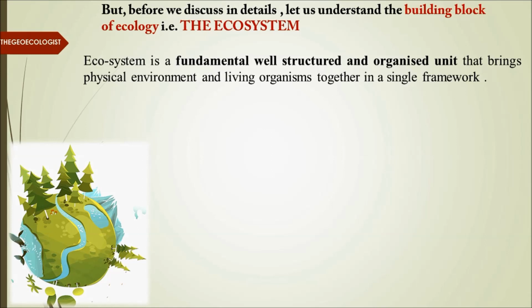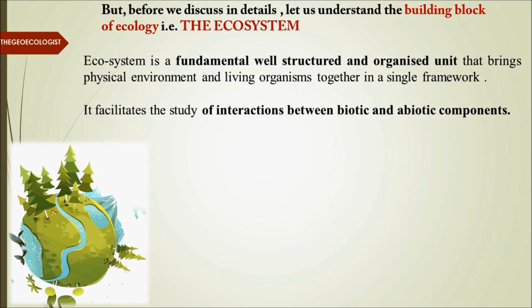It is basically a fundamental structure which has units. The system has various parts that bring the physical environment and living organisms together in a single framework. Then it facilitates the study of interactions between biotic and abiotic components. Biotic is living components, abiotic is non-living components, and in between there is interaction.